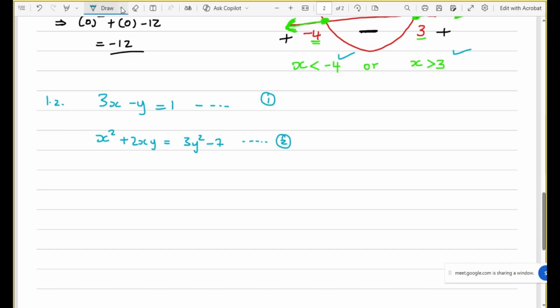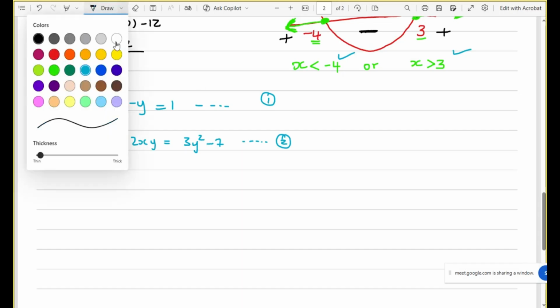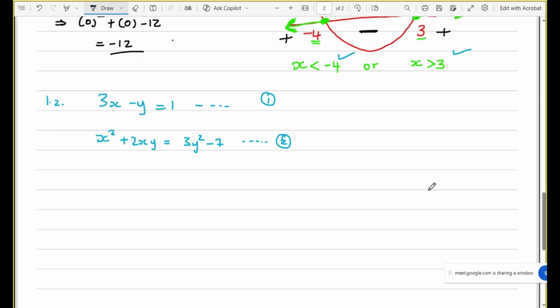When it's like this, you need to choose between these two equations. You need to choose the equation that is more simple, the equation that is linear, which is equation 1. From that equation 1, we form equation 3. From this equation, I can bring the y this side so that it can be positive. Why am I choosing the y? Because it has the coefficient 1.